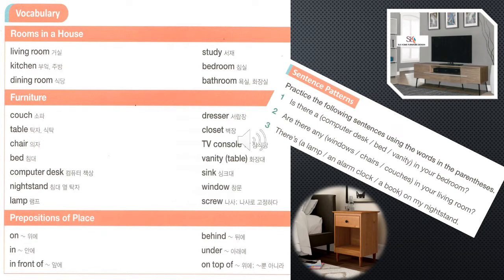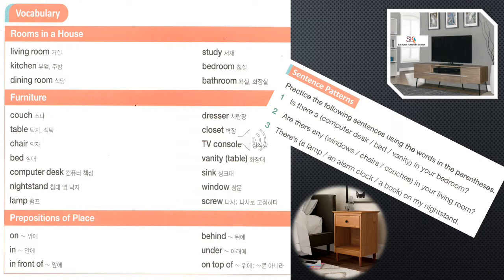On this slide, we have our vocabulary, some words for rooms in a house, common ones like living room, kitchen, and dining room, and then the study or office, bedroom, and bathroom. We also have some common furniture here like couch.